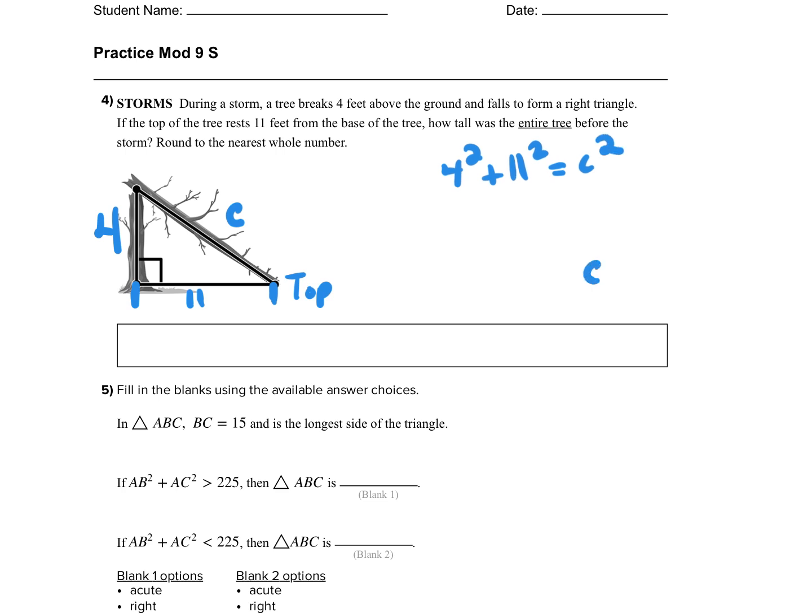Make sure your last step is to take the square root of whatever the sum of 16 and 121 is. And then whatever that value is, if it wants the height of the entire tree, you're going to do whatever C equals, and you're going to add 4 to it, because this is the 4 feet where it broke, would be the total height of the tree.